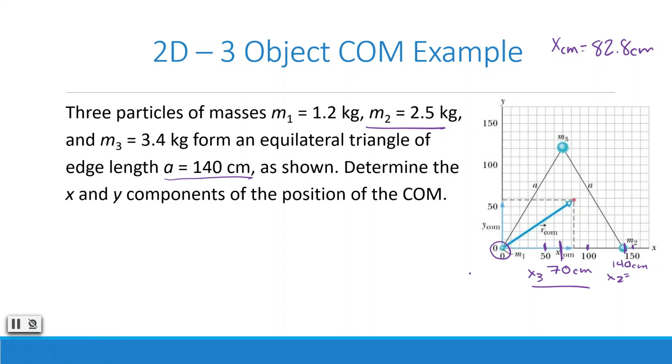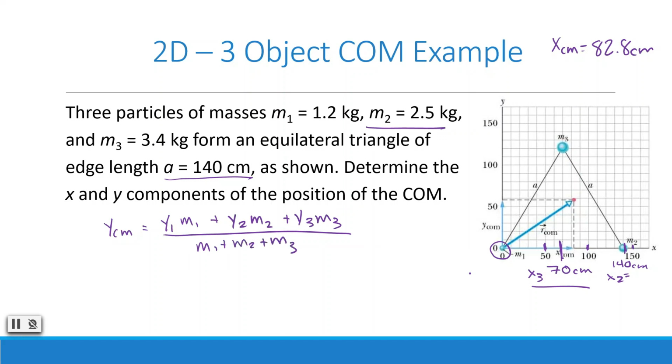Now going through that same process in the y direction, we get YCM is going to be y1 m1 plus y2 m2 plus y3 m3, divided by m1 plus m2 plus m3.